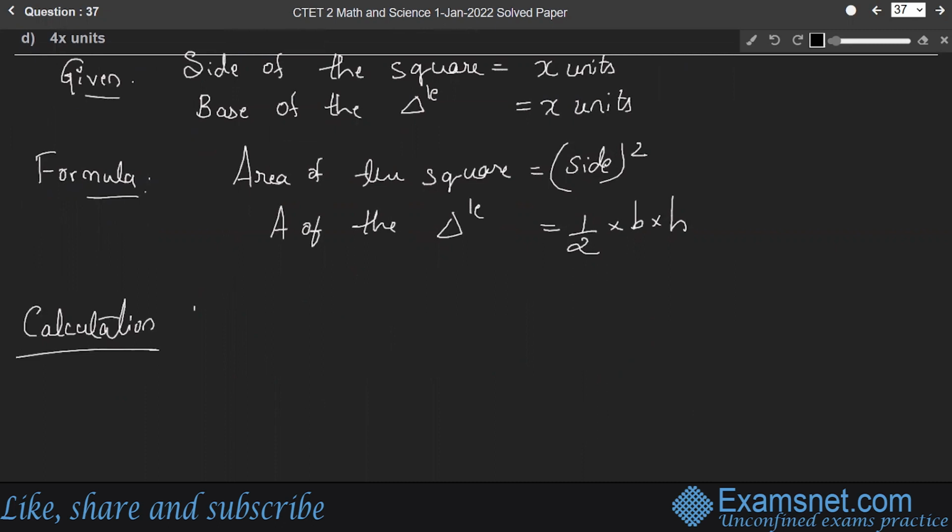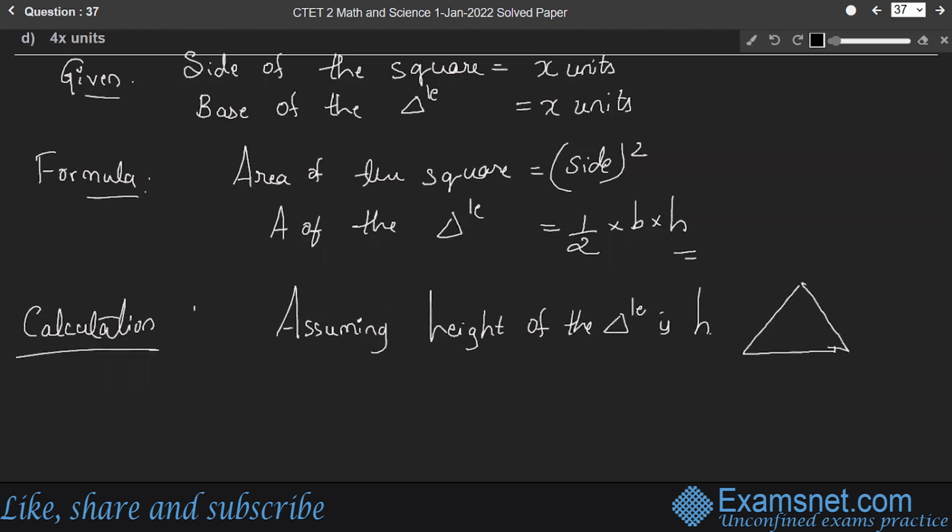So let us assume the altitude of the triangle is h. According to the formula, area is half into base into height. So its height is h. Assuming the height of the triangle is h, let us consider a triangle whose base is x and its height or altitude is h.